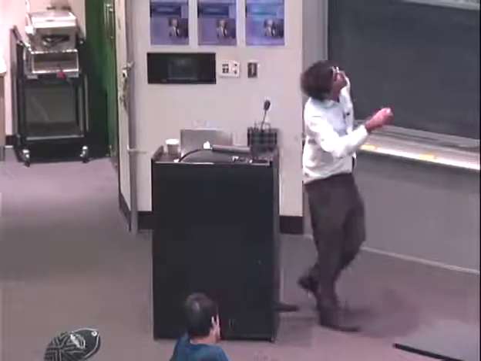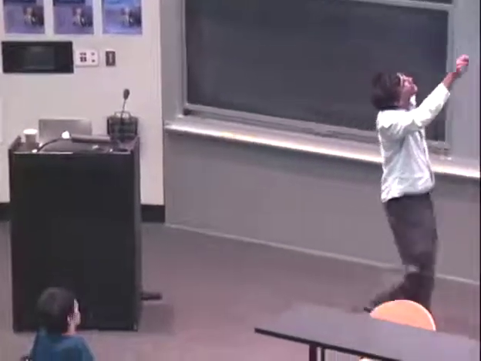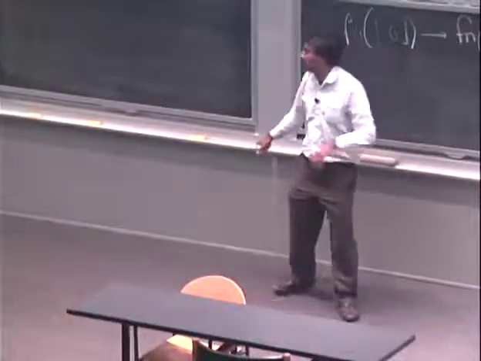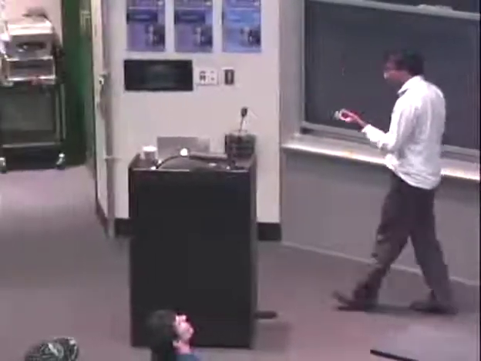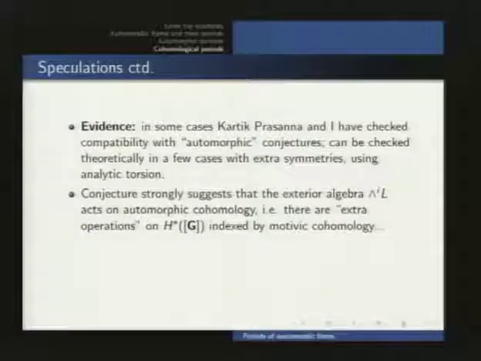Now, let me say something sort of algebraic. If you look at the way I stated it, it suggests that the exterior algebra on this motivic cohomology group acts on the automorphic cohomology. So it suggests that there are some extra operations on the cohomology of this arithmetic group, which are in a way indexed by these motivic cohomology groups. I have no clue at all what that story might be.